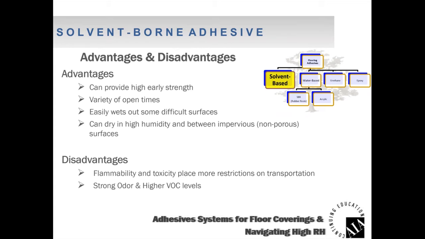Now, there are advantages and disadvantages to the solvent-borne adhesives out there. They can provide high early strength. There are solvents that flash off in a very short period of time. There are exterior carpet adhesives out there that can be waterproof in a matter of a couple of hours, because the solvent flashes off so quickly. There's also a variety of different open times, and that has to do with the solvent as well.